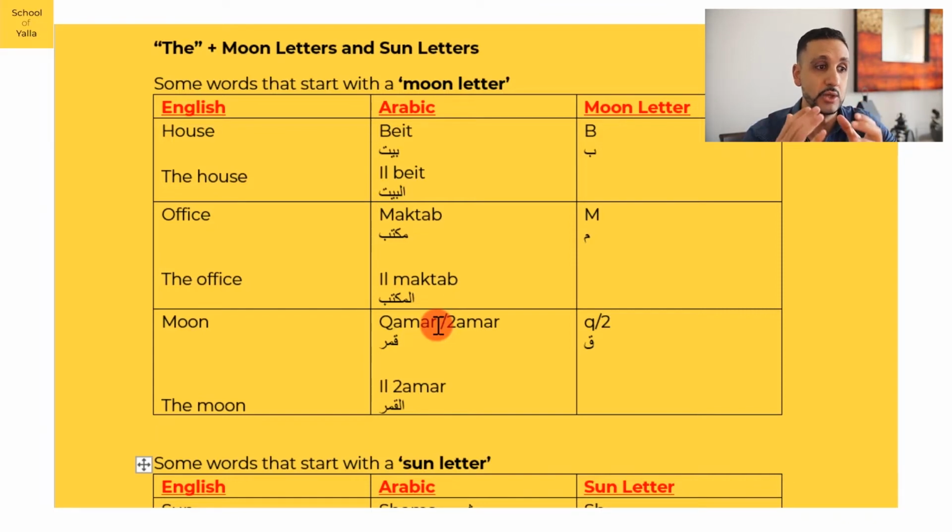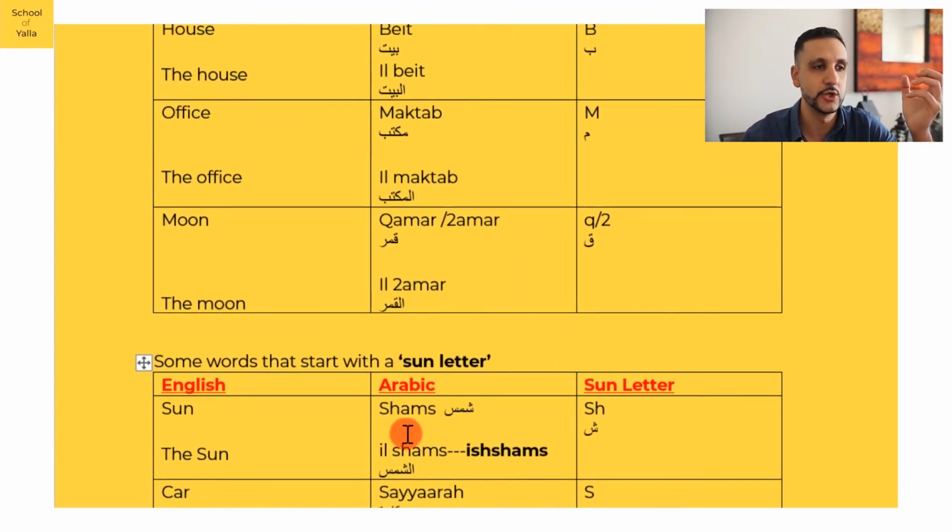So that's why this one is called harf qamari, or ahruf qamariyya, moon letters. Now, sun letters, on the other hand. Sun in Arabic is shams. When I add "the" to the word shams, I'm not saying al-shams or il-shams, I'm saying ish-shams. So the name is in reference to the letter sheen, which is sh, and anything typically starting with a sheen will basically skip the L sound and double down on that first sun letter.